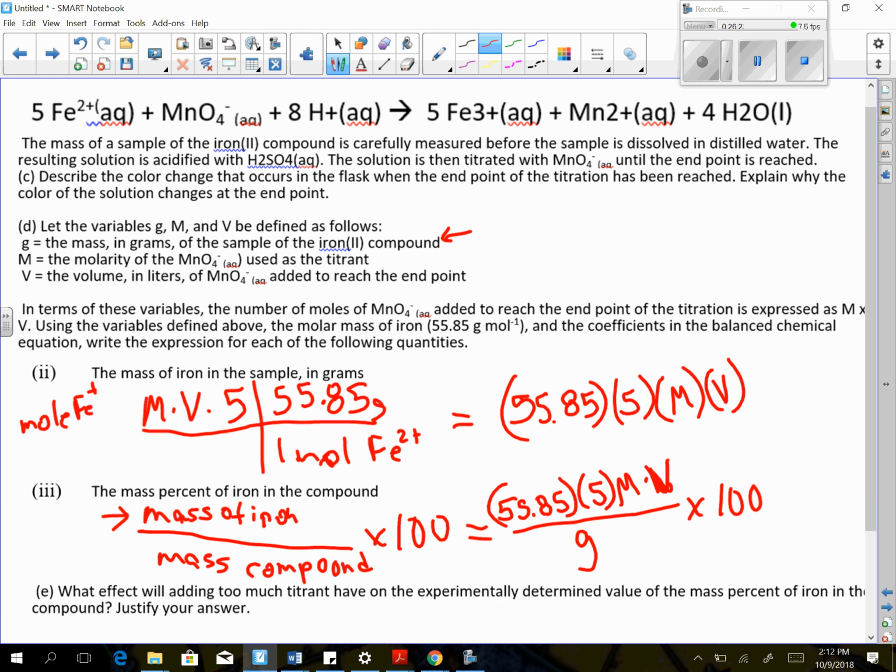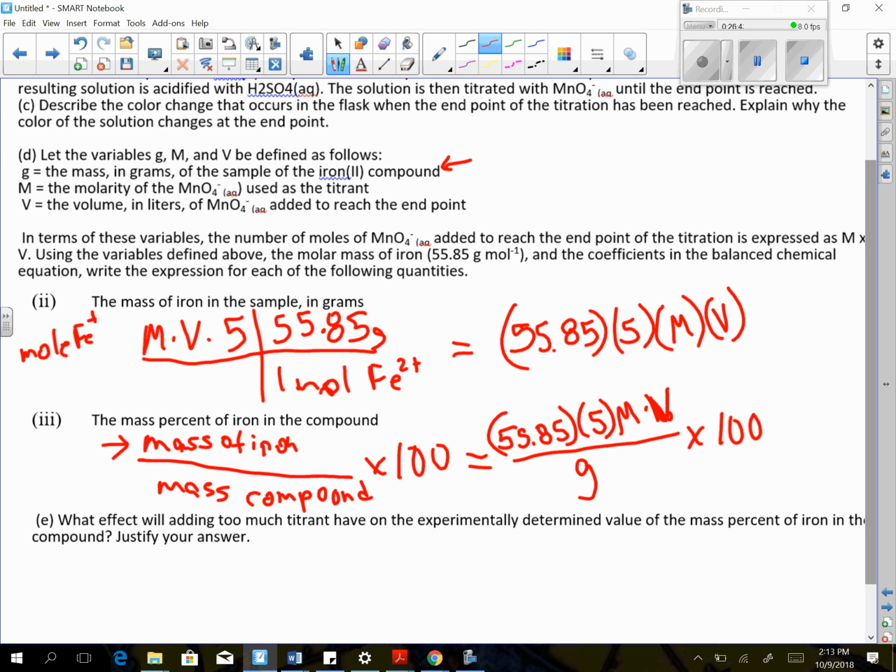Okay, and then the last part says, what will adding too much titrant have on the determined value of the mass percent? Well, if you add in too much of the titrant, you add in too much of the permanganate ion. So this number right here, the volume, is too large.